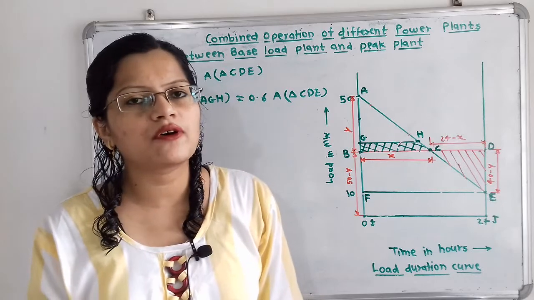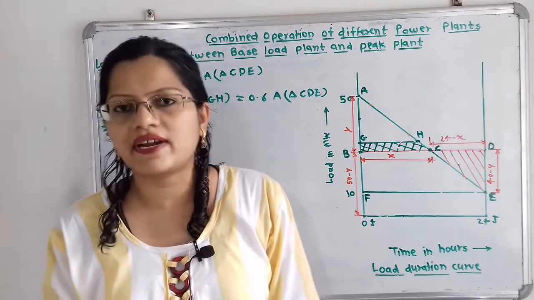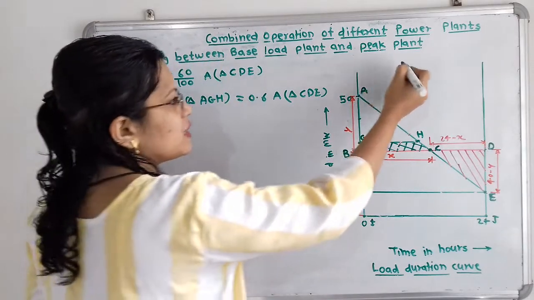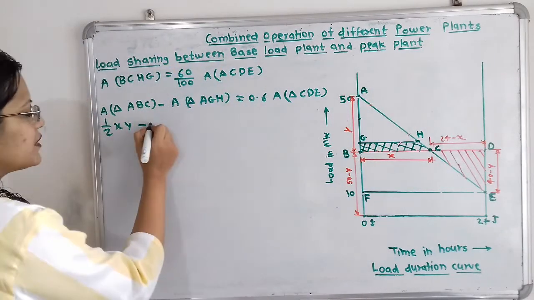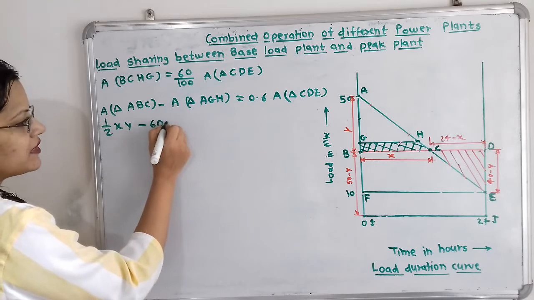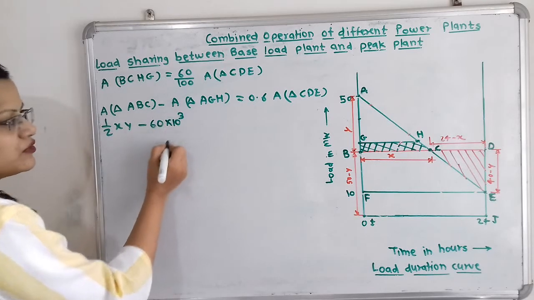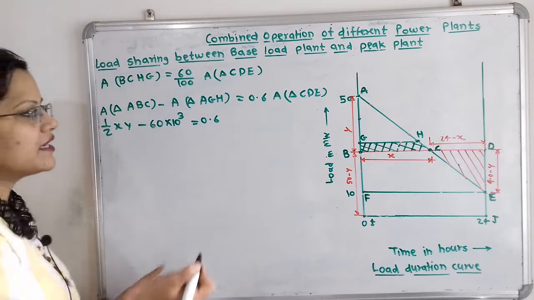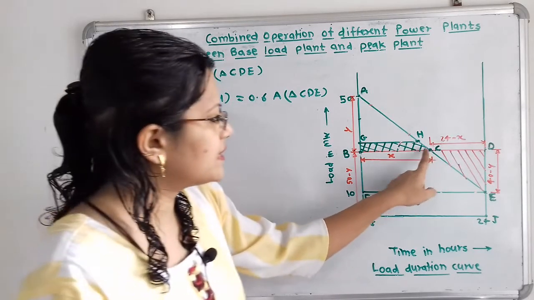This hydel power plant is given as 60 megawatt hour, but energy units generated we will always take in kilowatt hour. So we will convert it into kilowatt hour, that is 60 into 10 raised to 3 kilowatt hour, which is equal to 0.6 into area of triangle CDE.